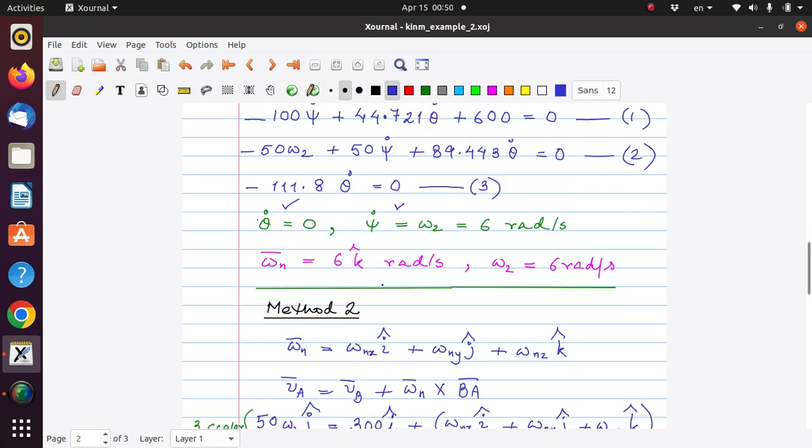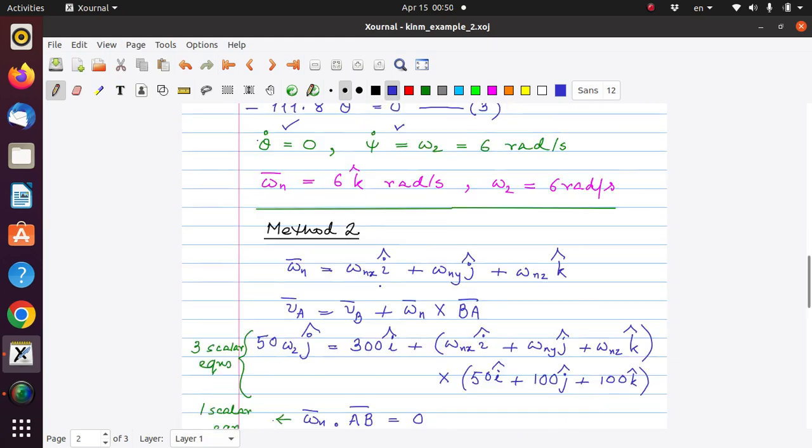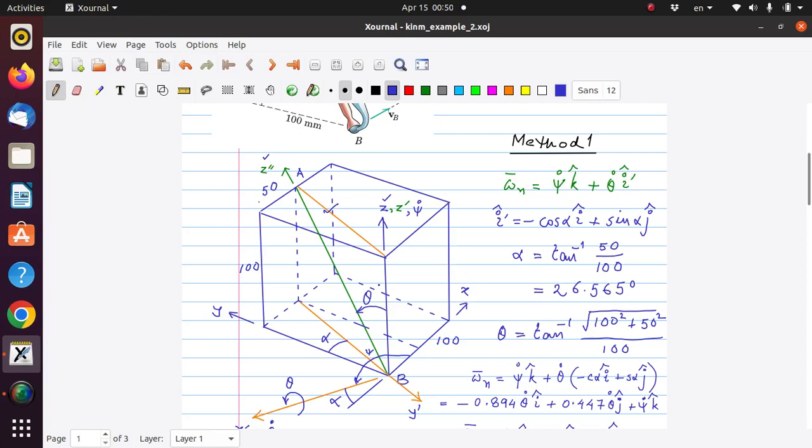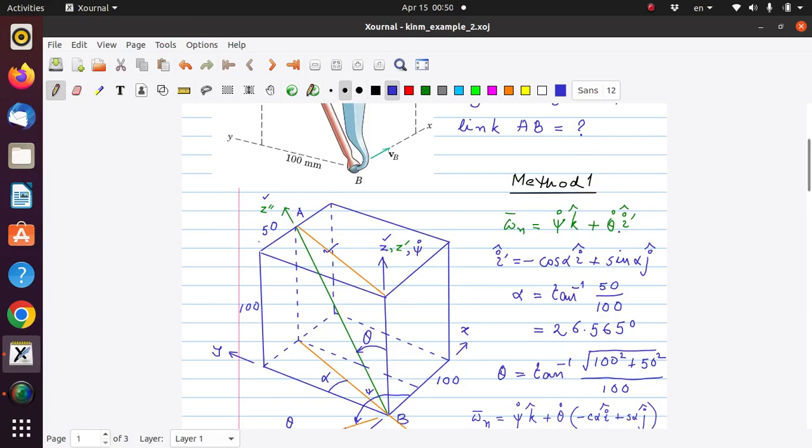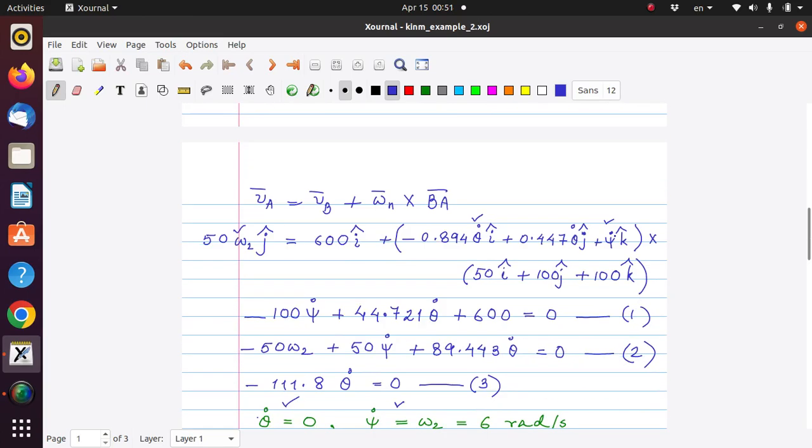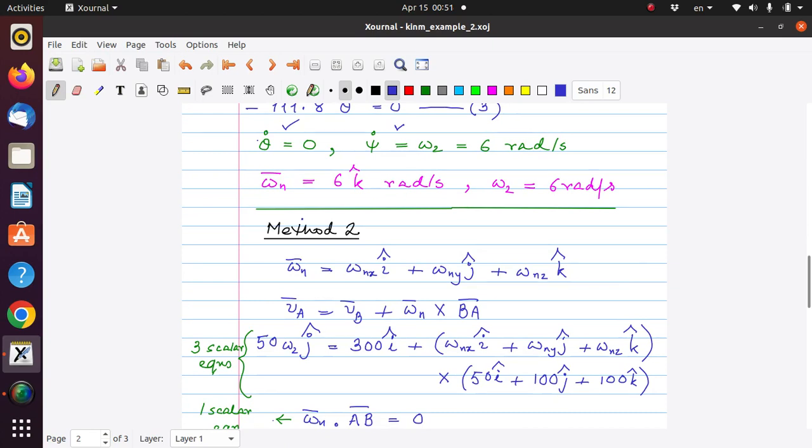But in the book what is done is, as we have taken omega n as psi dot k plus theta dot I dashed, in the book they have taken omega n as omega nx I plus omega ny J plus omega nz k, because they have not tried to express it in terms of the rotation of the link.